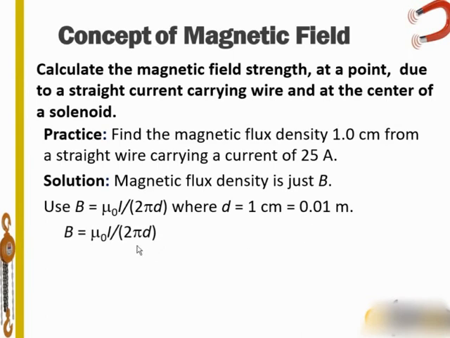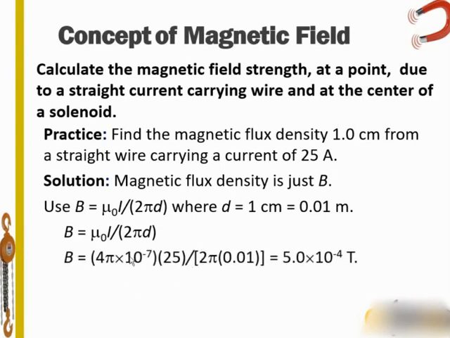So going back to the expression, what we can do now is substitute in what we know. The permeability of free space, mu, is equal to 4 pi times 10 to the minus 7, multiplied by the current, which in this case we're told is 25 amps, all divided by 2 pi times 0.01.